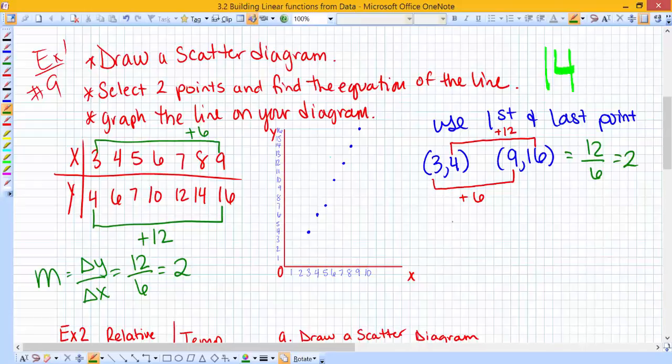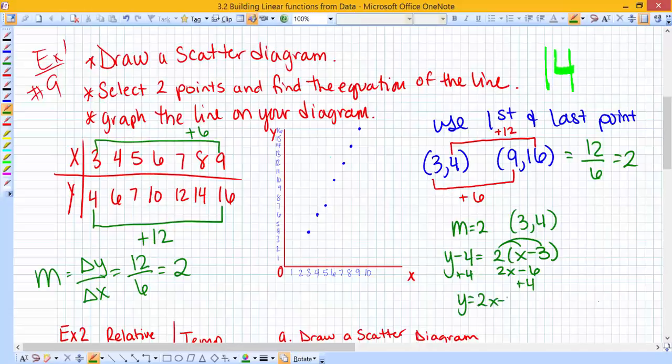So if I know my slope is 2, I'm going to use the point 3, 4 just because it's smallest. So y minus 4 equals 2 times x minus 3. You guys better remember this. That's why I'm not really going over it. So I distribute and I get 2x minus 6. Add the 4. And y equals 2x minus 2.